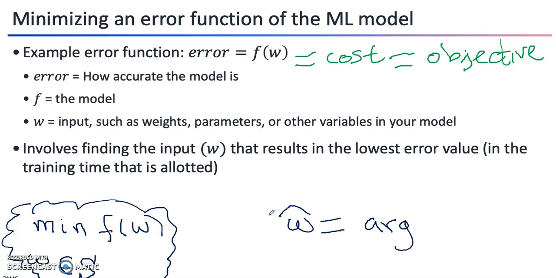If we're interested in the minimization problem, this value w hat would be the argmin of f of w. This means that when f is evaluated at that value of w, with w ranging over some domain S, then f attains a minimum value, an optimal value. And that's what we would consider the best model, or optimal model.